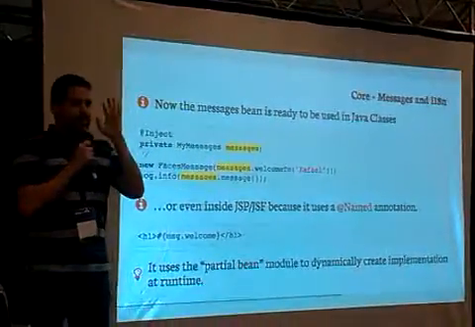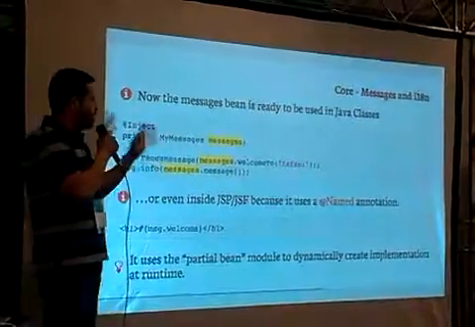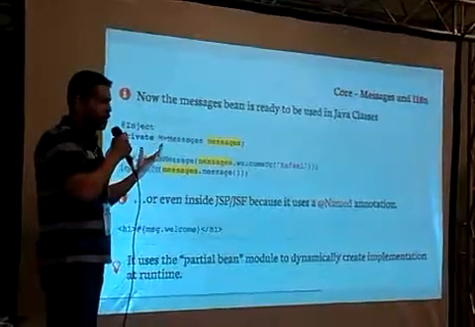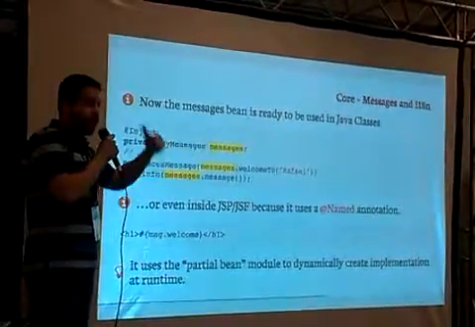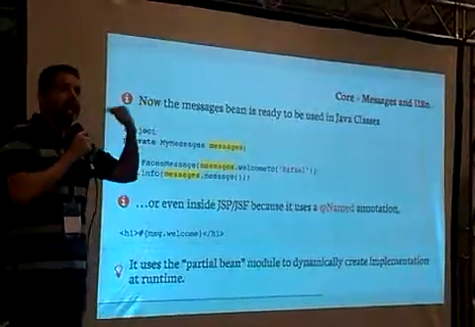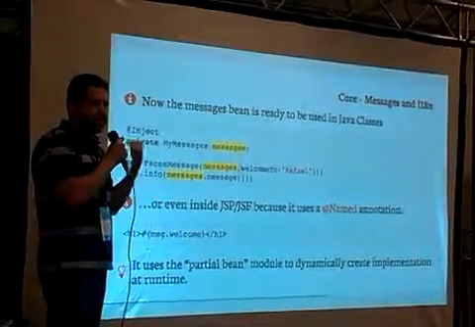And something that you may ask is, how can an interface do everything like that? It's because DeltaSpike uses another module called partial bean that will create the implementation at runtime for that interface.